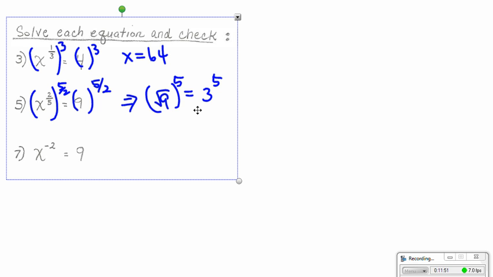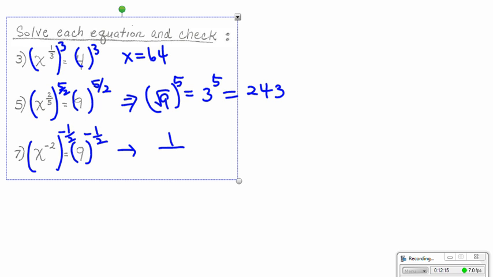Now we can just leave the answer as 3 to the 5th power, or if you wanted to actually calculate this one, it becomes 243. Same as this one here, raising it by negative 1/2. Here we realize the negative gives us 1 over the square root of 9, which is equal to 1 over 3.